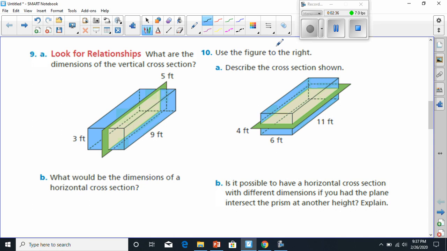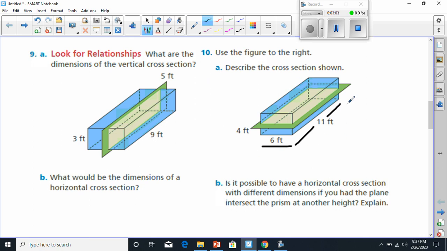Use the figure to the right. Describe the cross section shown. Well, if I'm describing this cross section shown, I realize that it's still 6 feet long, or wide, I should say. And it's still 11. It's not going to be 4 feet tall anymore. It's still going to be 11 long and 6 feet wide.